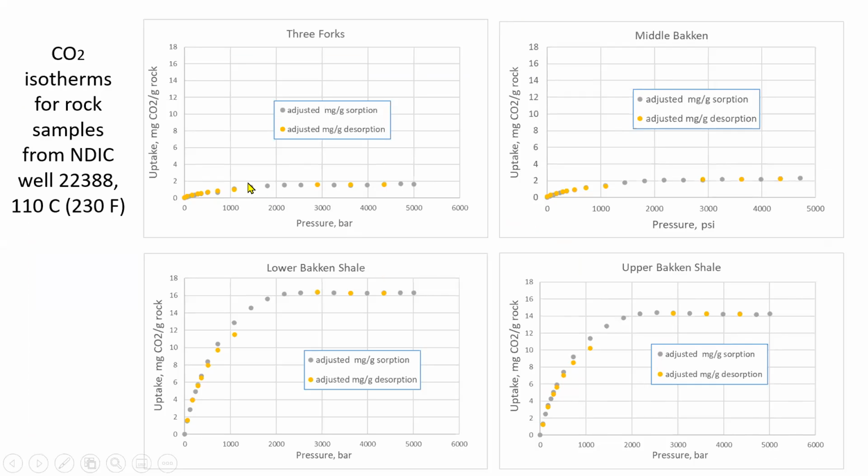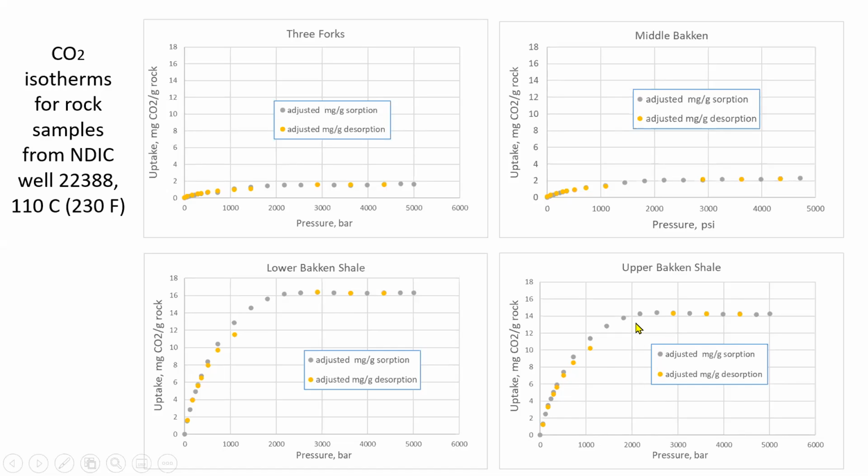Here is the uptake from the Three Forks formation right here, about 2 milligrams per gram. Same with the middle Bakken formation, while the shales are up here at around 14 to 16 milligrams per gram. And the absorption curves in gray versus the desorption, again, they seem to be reversible. You can put it in, you get it back out again. You have to maintain the pressure.